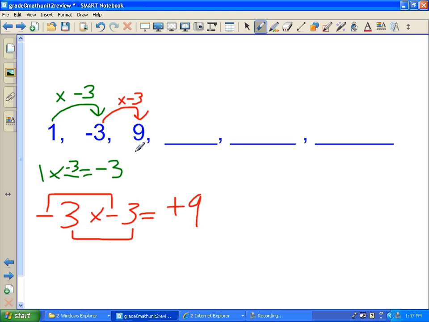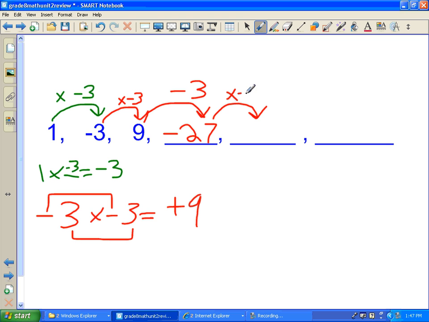So my pattern seems to be working. To figure out the next number, I'm going to go 9 times negative 3. Well, 3 times 9 is 27. And of course, a positive times a negative is a negative. I'll do that again.